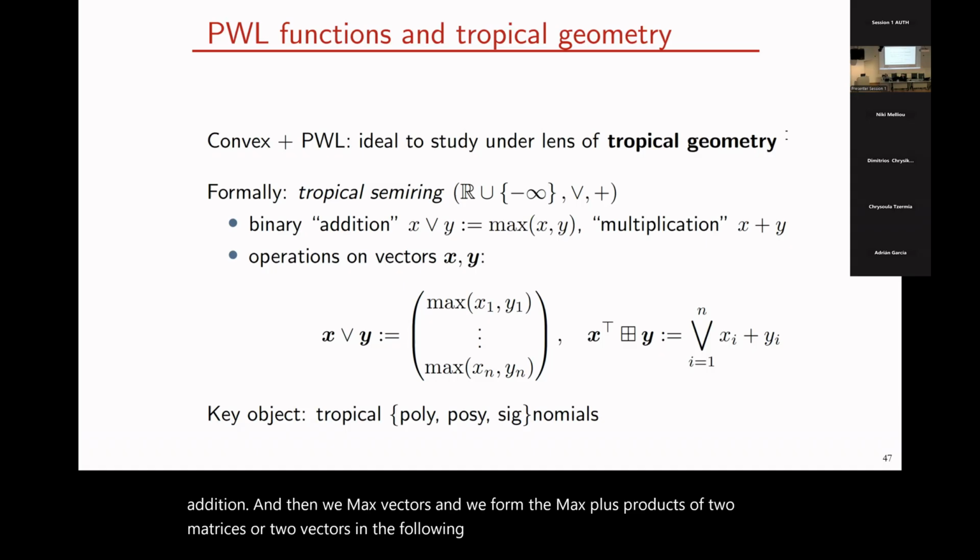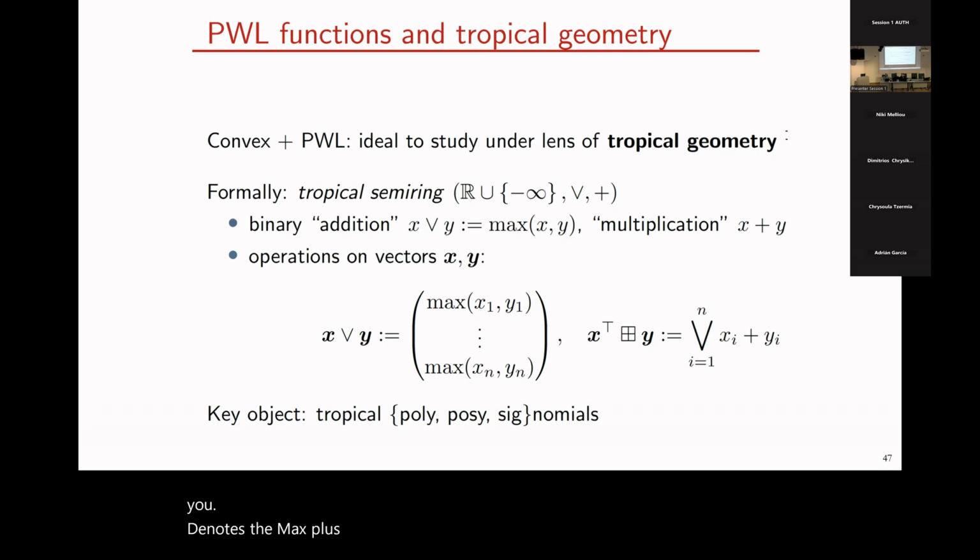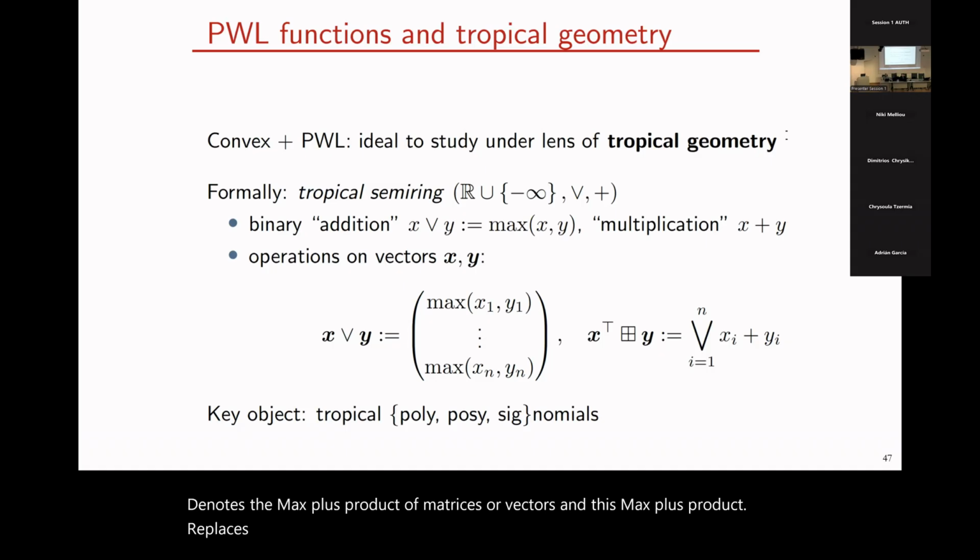This box plus symbol, again, I remind you, denotes the max-plus product of matrices or vectors. And this max-plus product replaces the concept of a linear product of two vectors by replacing sum of products with max of plus.